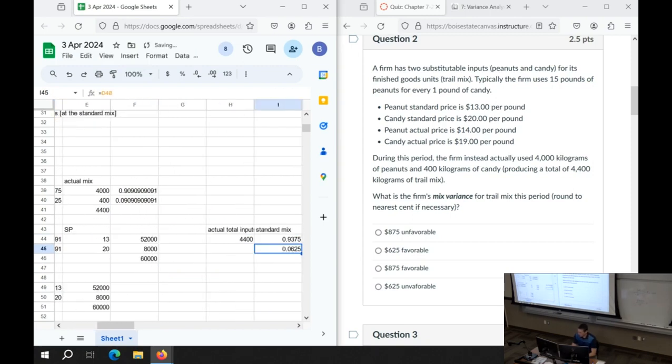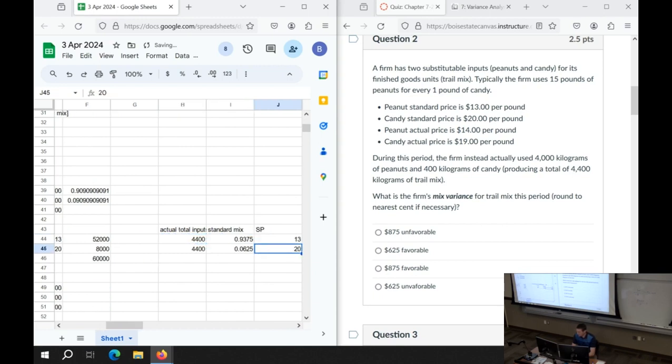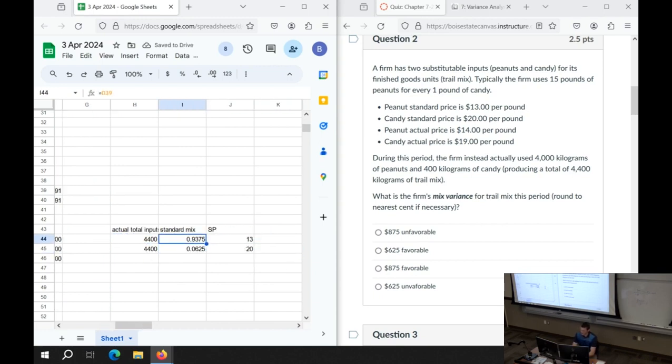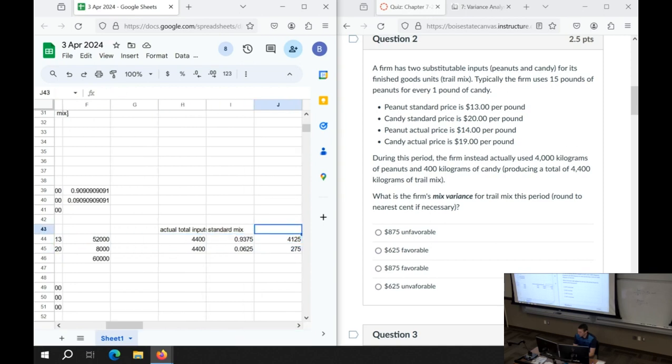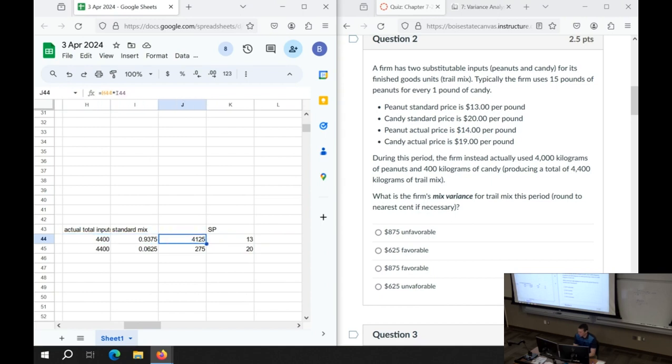You have to say, given 4,400 as our actual total inputs and the standard mix, we should have used 4,125 units of peanuts and 275 units of candy. That's what we're doing here. We have to come up with these standard amounts at the standard mix. So this side's a little harder to collapse away. So I'm going to get rid of that. Delete that column, yes.